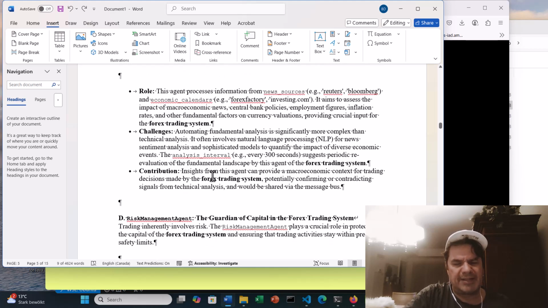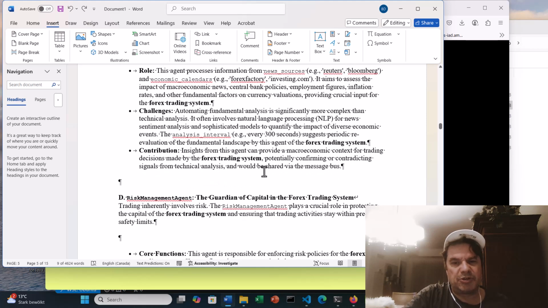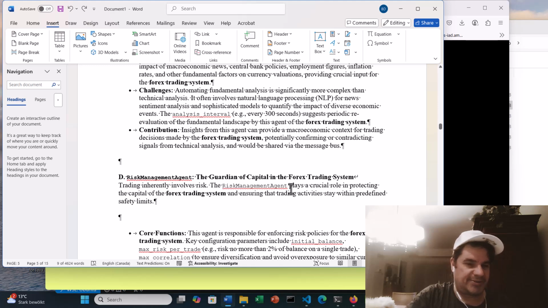So it adds insight via this agent for macroeconomic context for trading decisions, potentially confirming or contradicting the signal from the technical analysis, and it should be shared via the message bus.